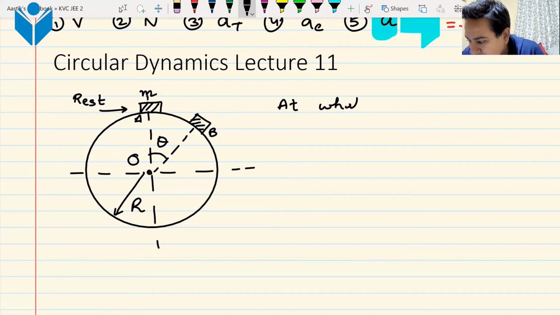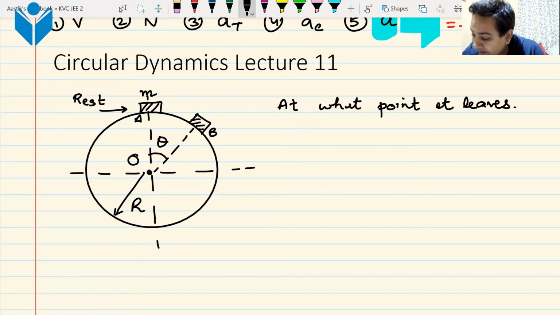And you will have to tell me how you are going to find this out. It leaves the circular track. So basically I'm asking you what is the value of this theta. Once you know the value of this theta, you know the point where it leaves and with what velocity it leaves. It will leave with some velocity.